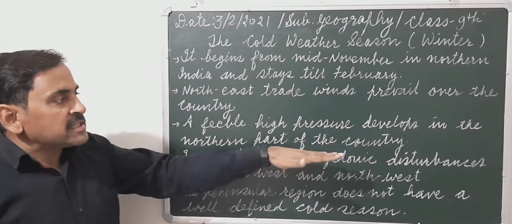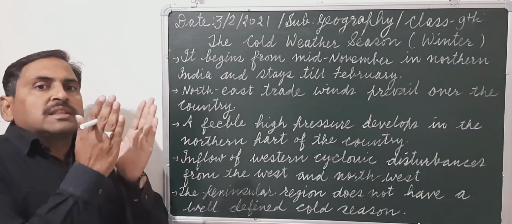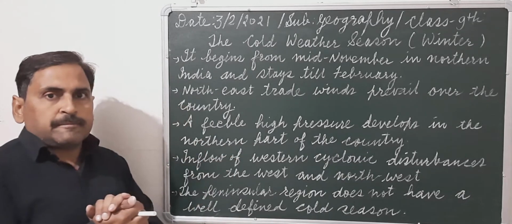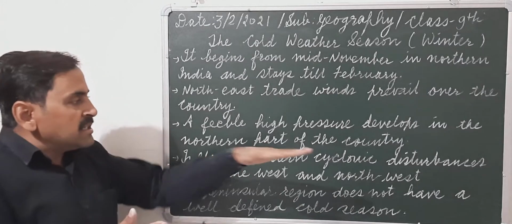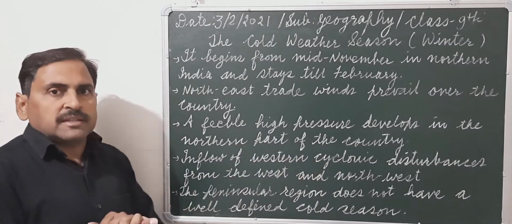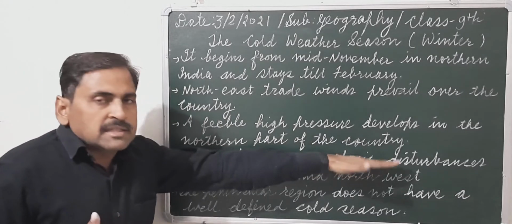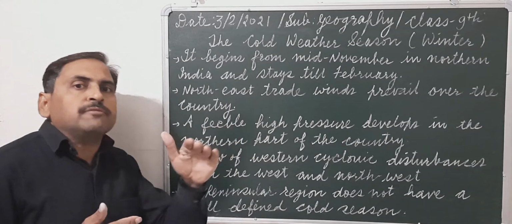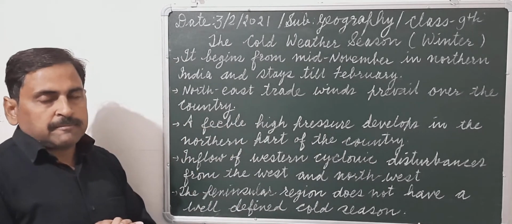These western cyclonic disturbances originate over the Mediterranean Sea and Western Asia. Their low pressure system develops and these disturbances originate. And then these disturbances move towards India with the inflow of the westerly jet streams.